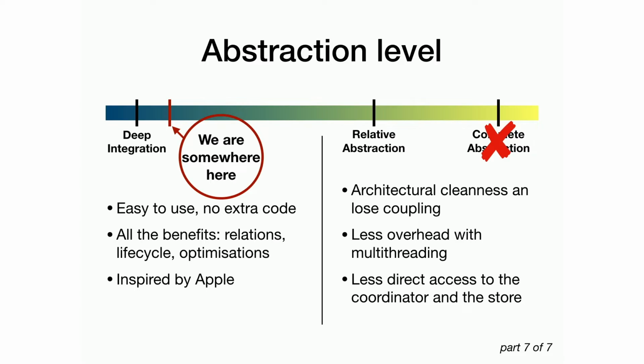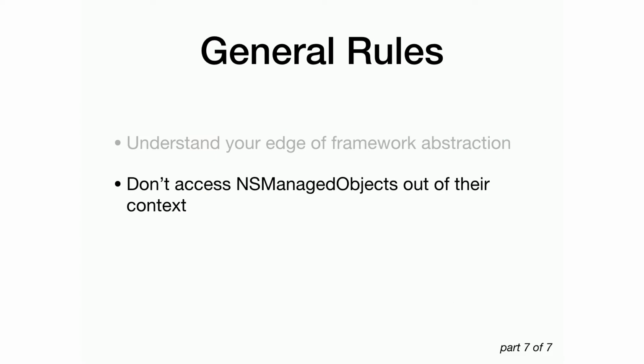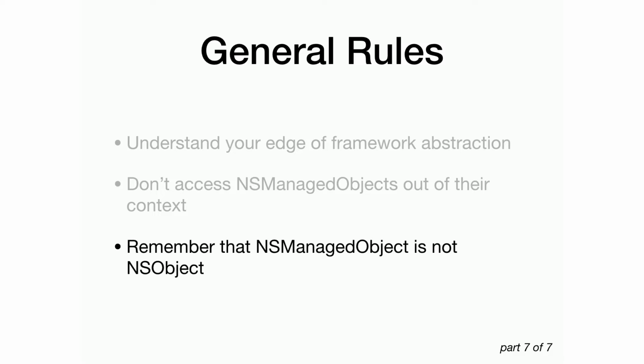Coming back to this scale, we started from the deep integration and moved towards the right side a bit. Then, don't access NSManagedObject out of its proper context. You should always remember that even though NSManagedObject inherits from NSObject, you cannot use it as a plain object. So Barbara Liskov's principle doesn't work here because of all this thread limitation and faulting.